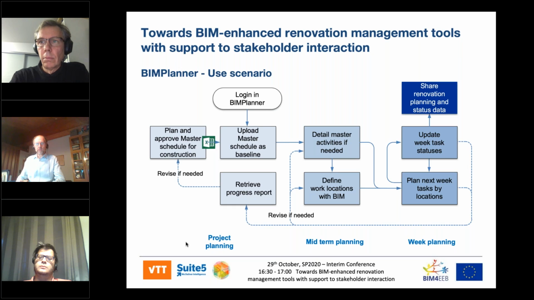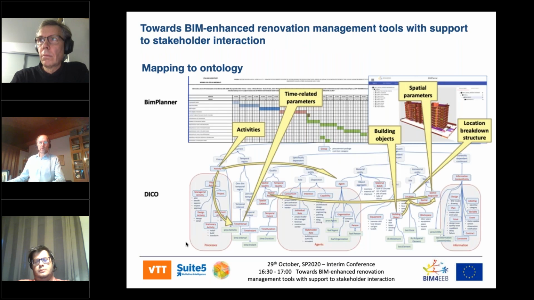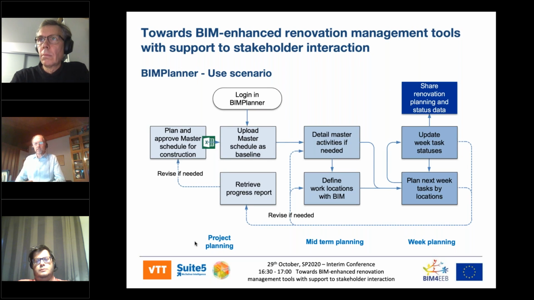And also a very important issue is to define the work location with the 3D BIM view. The most important part of this procedure is weekly planning. It is intended that each week, the next week is planned at detail level, how the work is proceeding through those work locations.